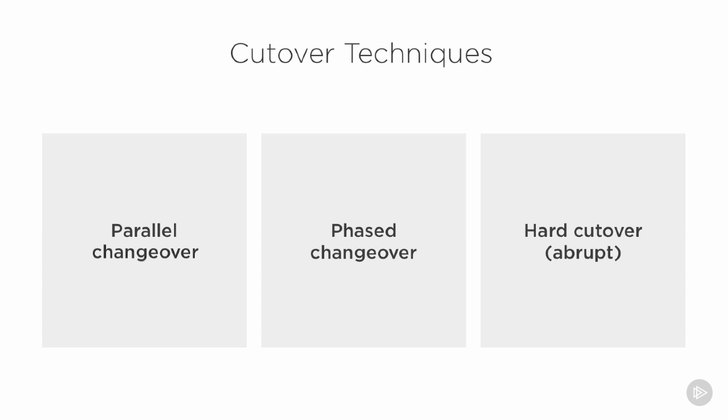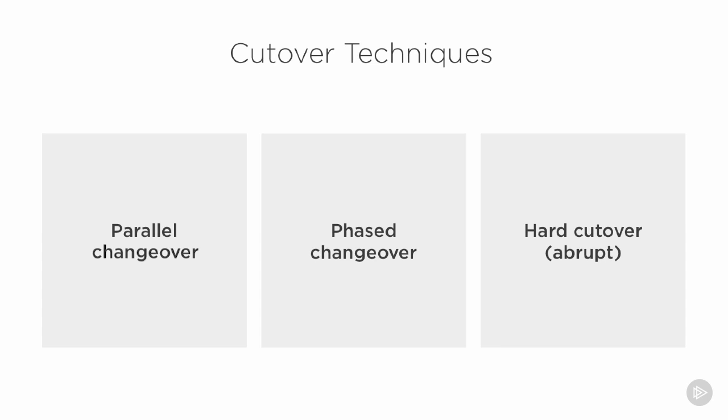We also then have the idea of a phased changeover. This could be done as a pilot or as a phased rollout that we do, for example, if we've got many sites, we'll do several sites at a time so we can make sure it works correctly at these sites before we then do it at other locations.